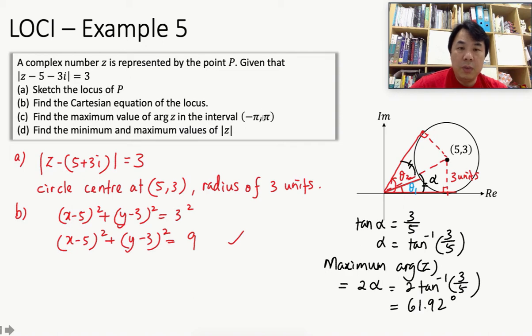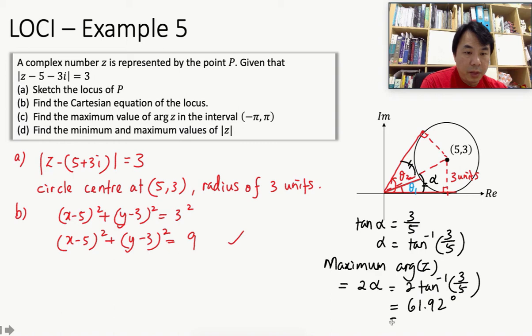So you can either leave it in terms of degrees, but since the answer needs to be in terms of radians, then you can convert this to radians. Like in my case, I don't really have a proper calculator to calculate this, so I need to times pi, and after that I need to divide by 180.